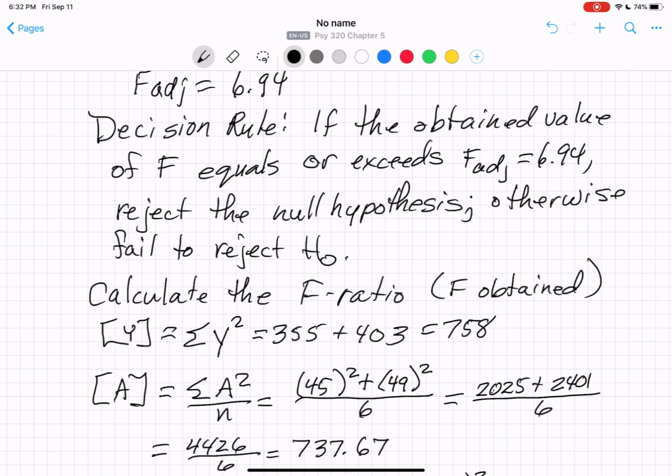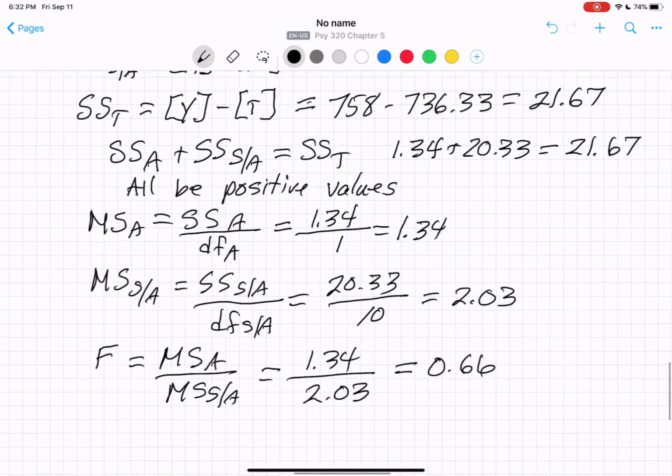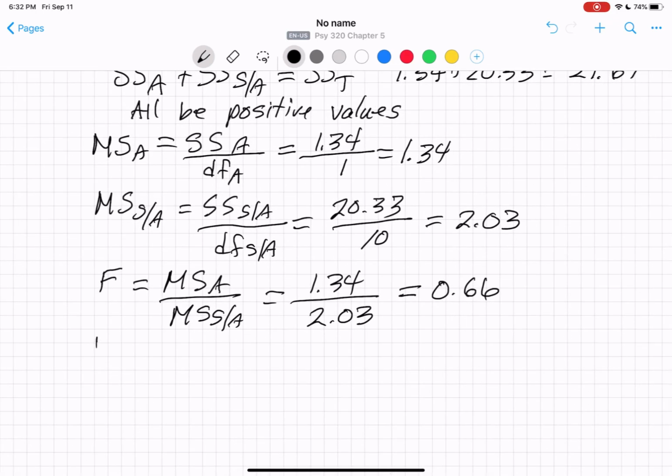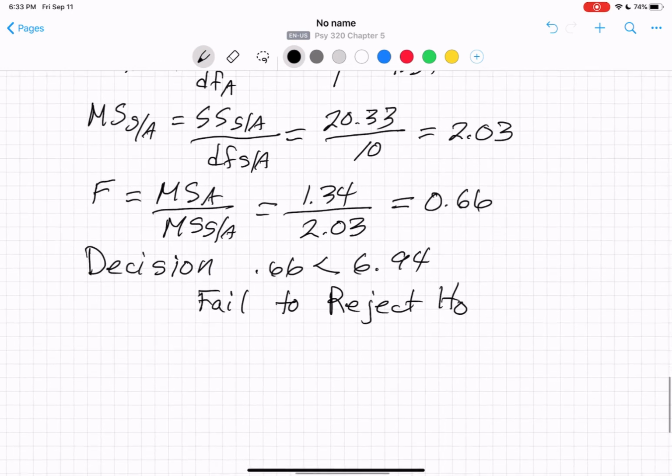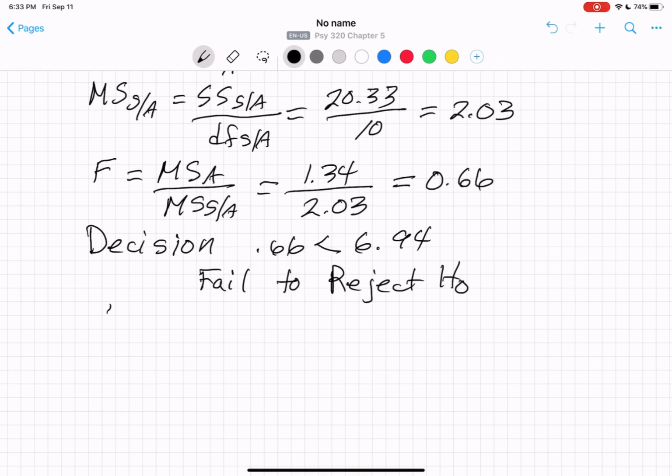So we're going to do this otherwise part and fail to reject the null hypothesis. So 0.66 is less than 6.94. So our decision is fail to reject the null hypothesis.